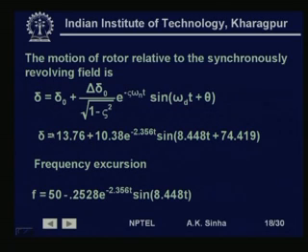And the frequency of excursion is given by this relationship, 50 minus 0.2528 e to the power, again which we are finding, as t increases, this frequency will also settle down to 50 hertz.